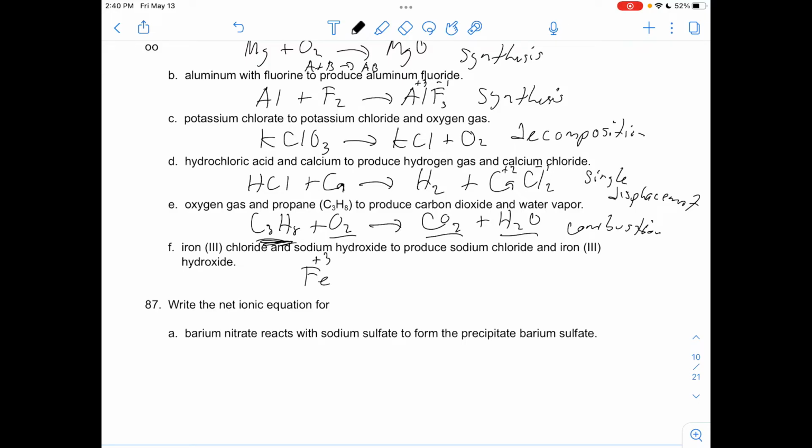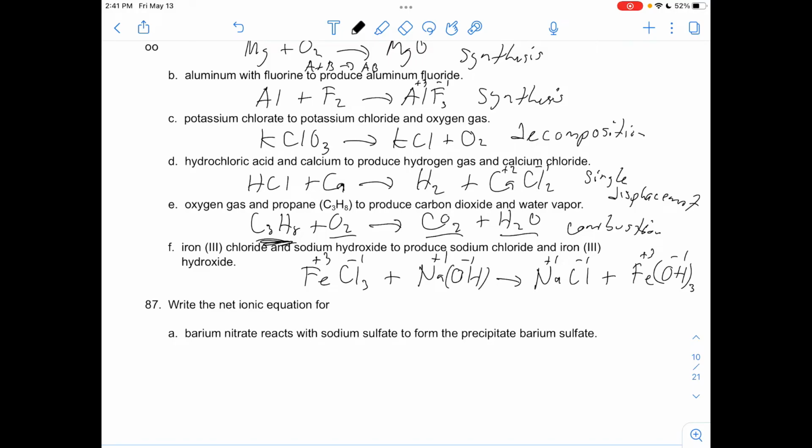Okay, next one, iron 3. So 3 means it has a plus 3. Chloride. Gonna swap and drop. Plus sodium hydroxide. Hydroxide is on the back of the periodic table, polyatomic. And it makes sodium chloride and iron 3 hydroxide. Okay, hydroxide is -1 charge.